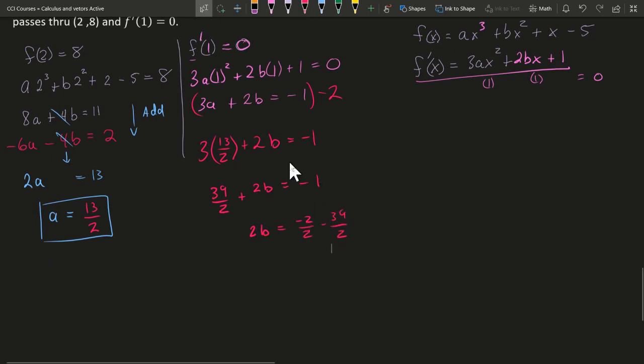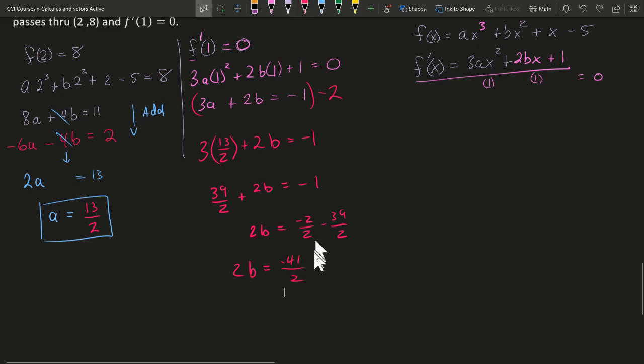Why negative 2 over 2 is I'm getting a common denominator. This 1 right here is actually going to be rewritten as a negative 2 over 2 so that I can have a nice little common denominator between these two 2's here. Anyway, negative 2 minus 39 is looking like it's going to be a 41. So 2b is going to be 41 over 2 negative.